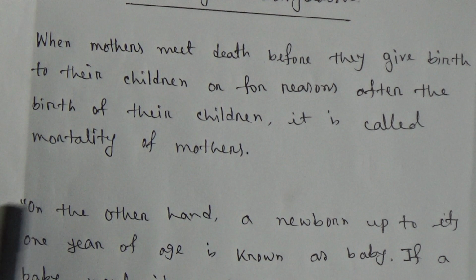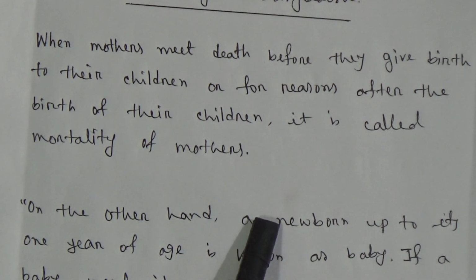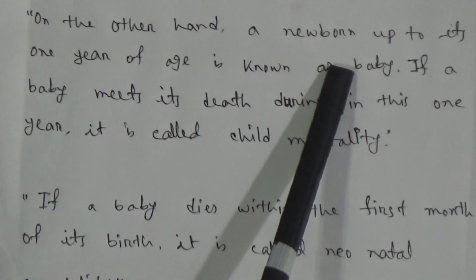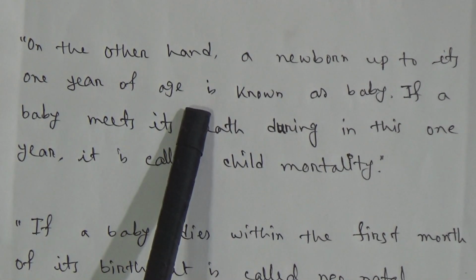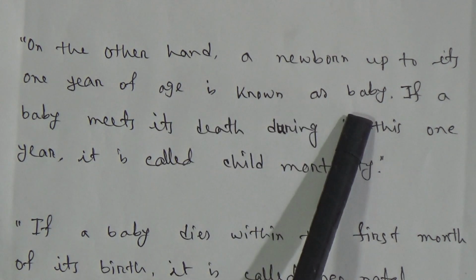On the other hand, a newborn baby who is up to 1 year of age is known as a baby. That means a child whose age is below 1 year or at best 1 year is called a baby.